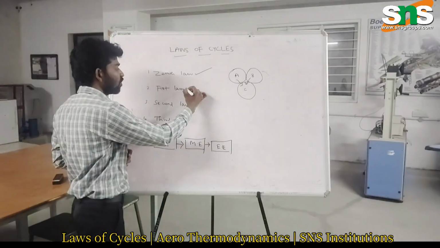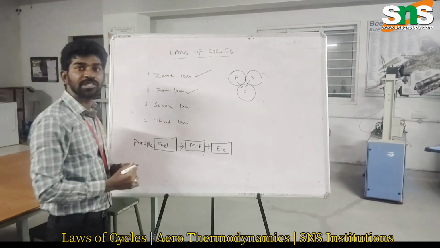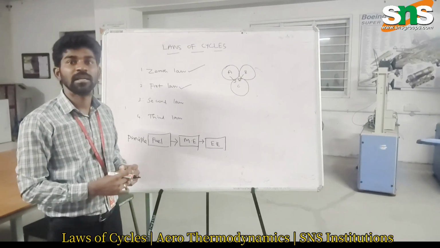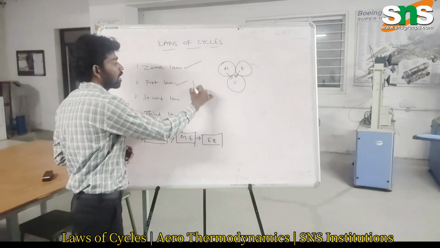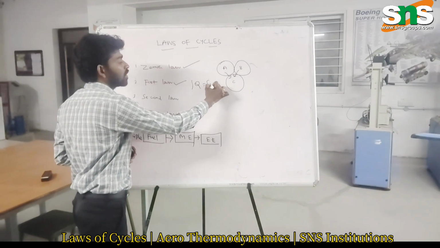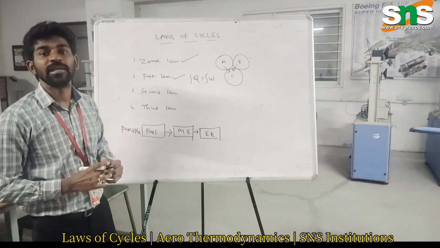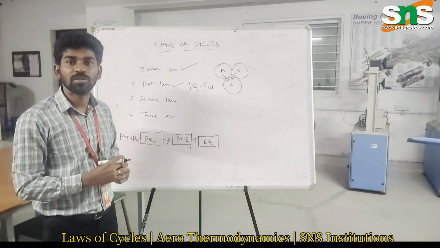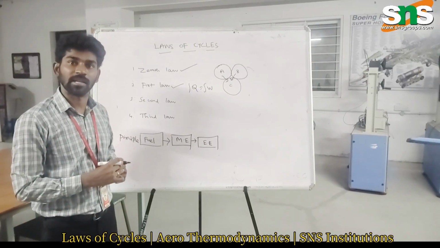And next we have to focus upon the first law of thermodynamics. The first law states that the integral of Q is equal to the integral of W. It means the total net heat transfer is equivalent to the total work done.